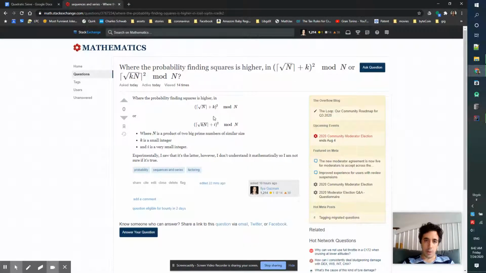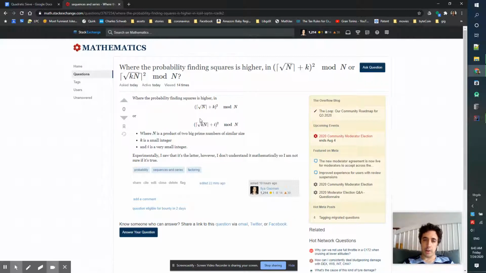And what we are doing now is we will multiply n by k, and then we will add an even smaller value of i. The idea is that for k equal to 1 and above, this value is going to be higher than square root of n.